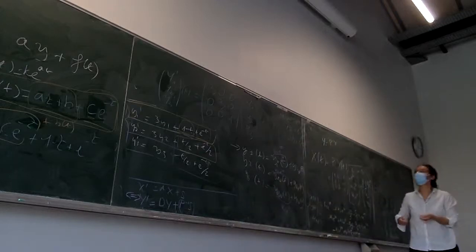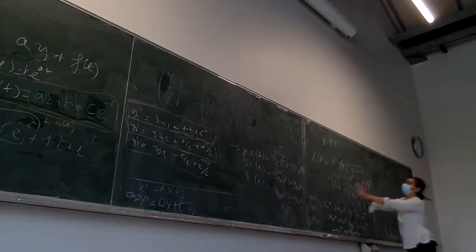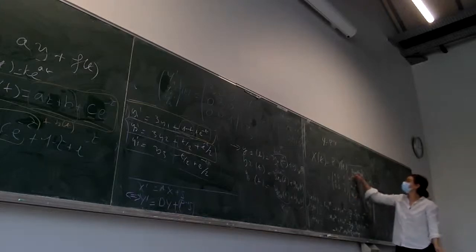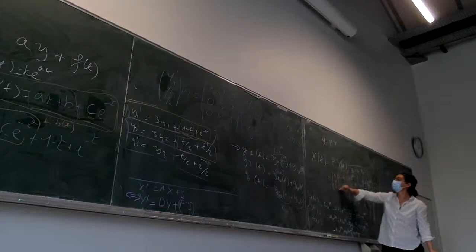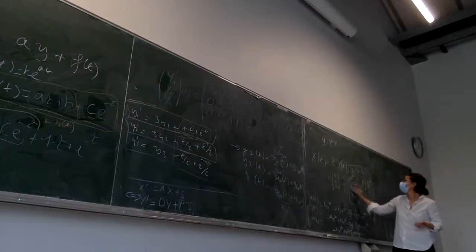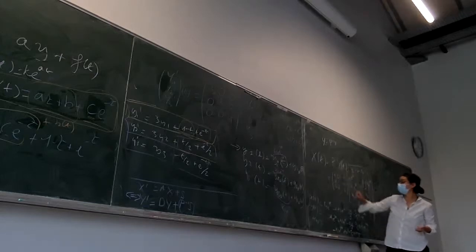You remember how we can view matrix vector multiplication. It's going to be that first coefficient times that first column plus second coefficient times the second column.